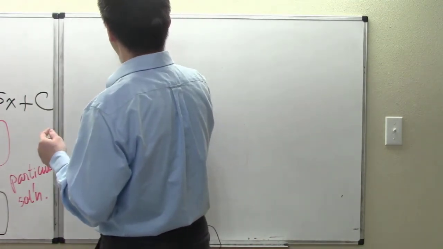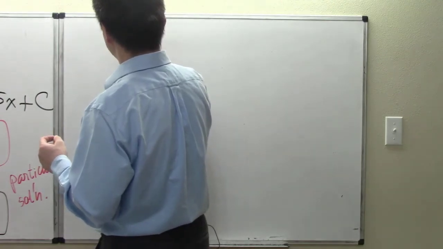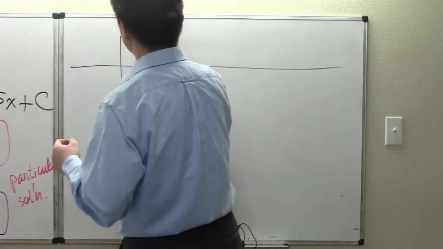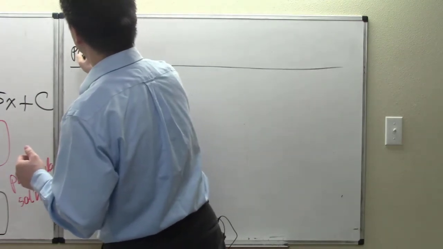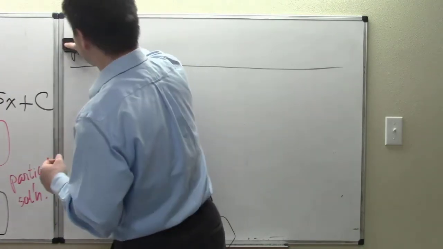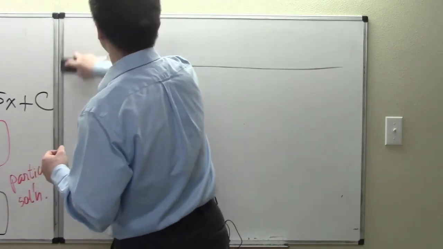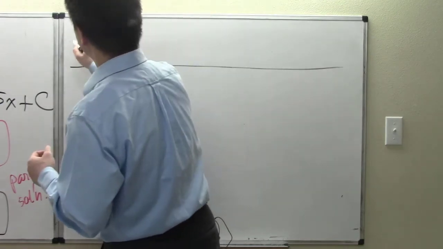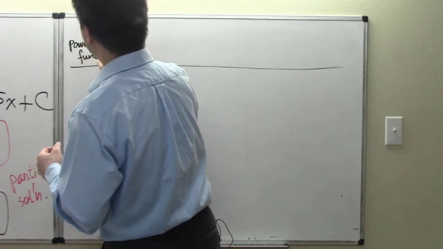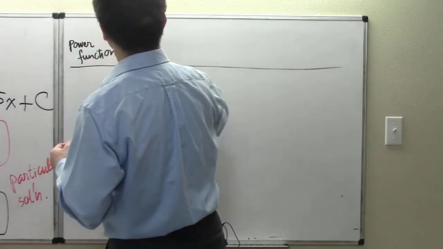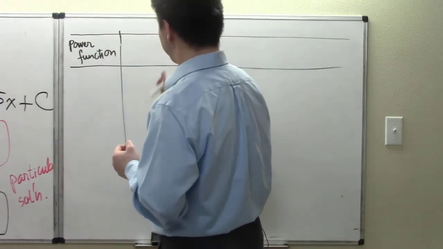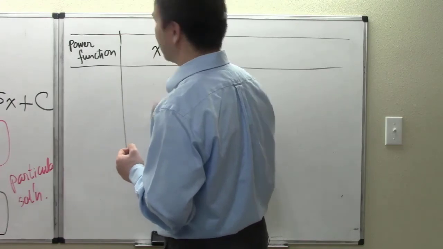So when we have our function being the special function x to the n, when we're in that class of a power function, then the function would appear as simply x to the n.